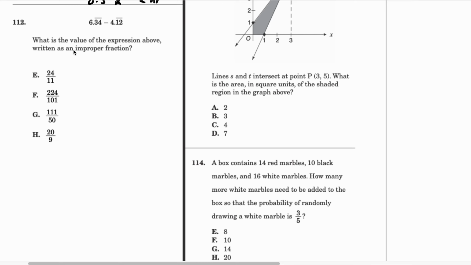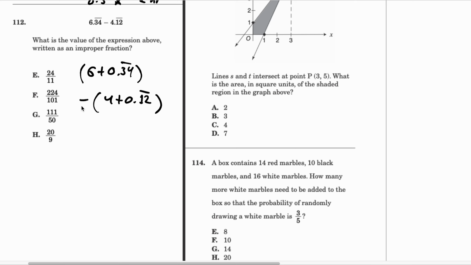Okay, what is the value of the expression above, written as an improper fraction? Okay, so I'm going to decompose each of these. So 6.34 repeating is the same as 6 plus 0.34 repeating, and then we're subtracting 4 plus 0.12 repeating.